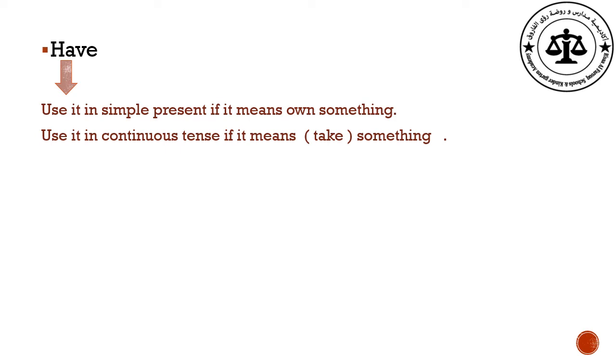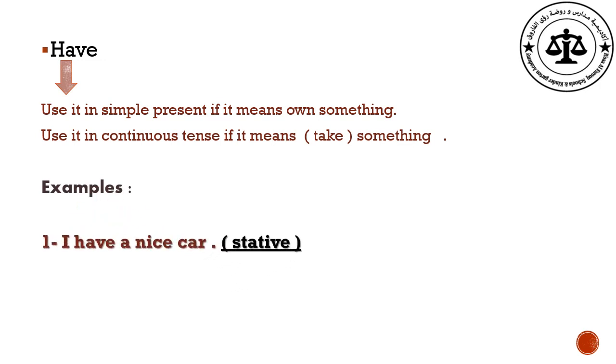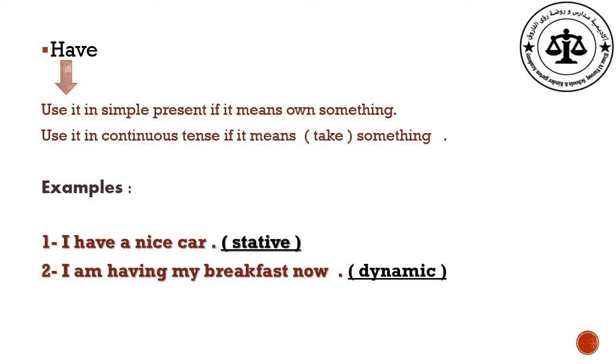Let's take examples. Number 1, I have a nice car. Have here comes as a stative verb, so this is in simple present. But number 2, I'm having my breakfast now. Have here is a dynamic verb. It means to take my breakfast now. So this is in present continuous.